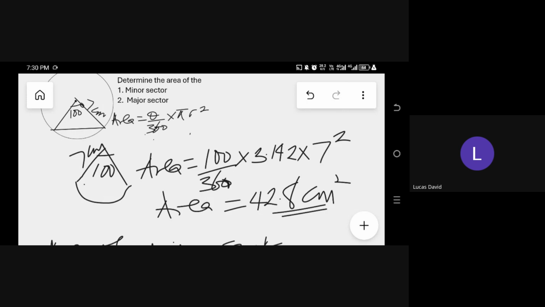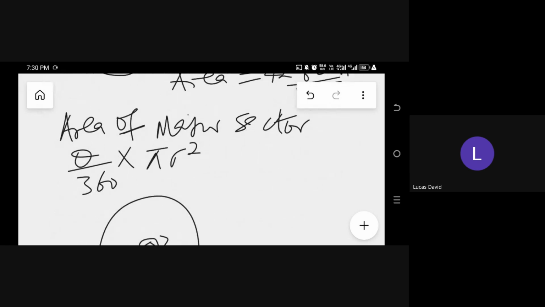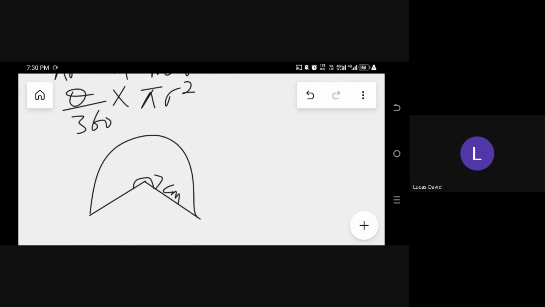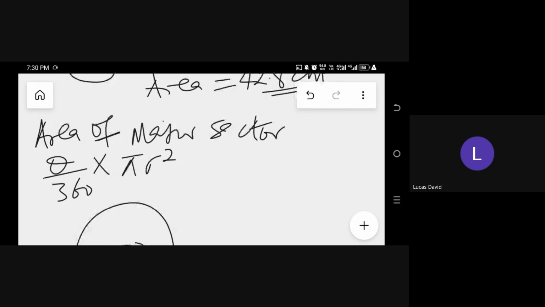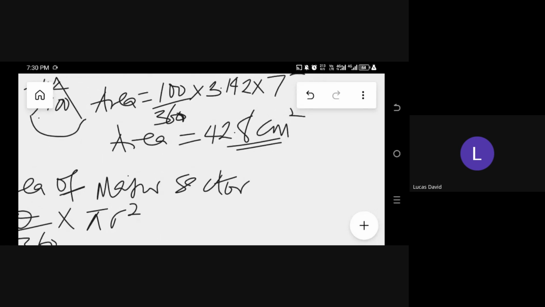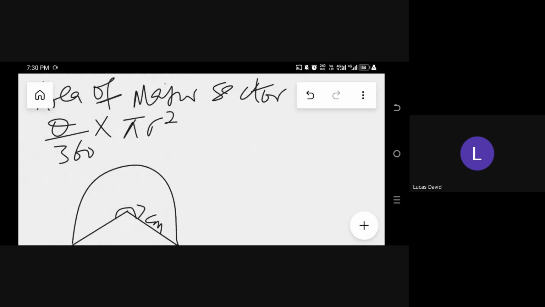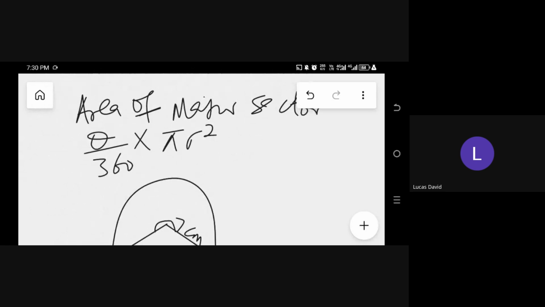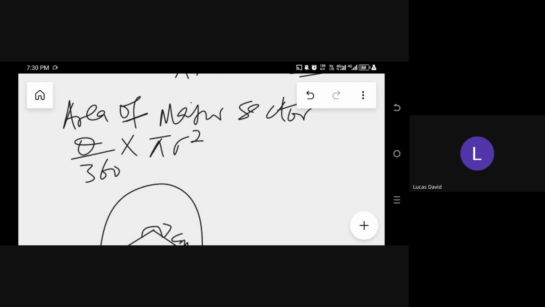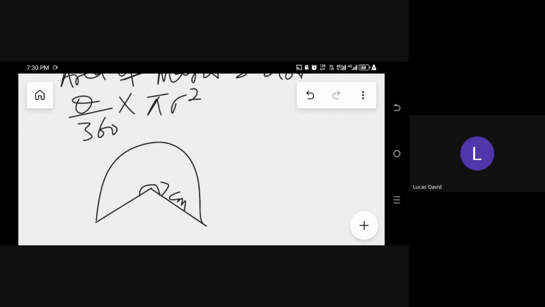So now we are dealing with the major sector, because we are to find the area of the major sector. We are done with the area of the minor sector. What is the theta? You can see there is no theta yet for the major sector. That's the reflex angle.